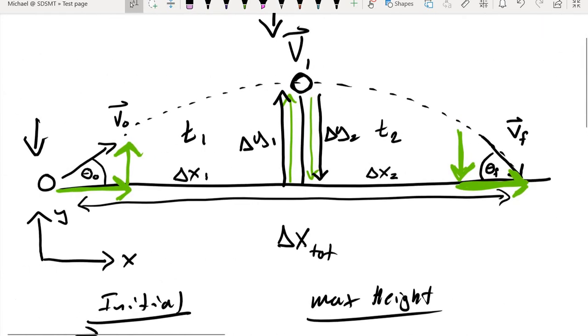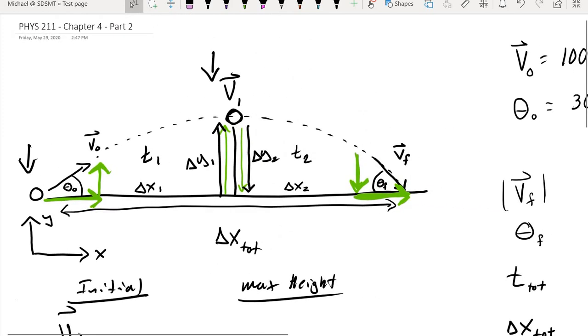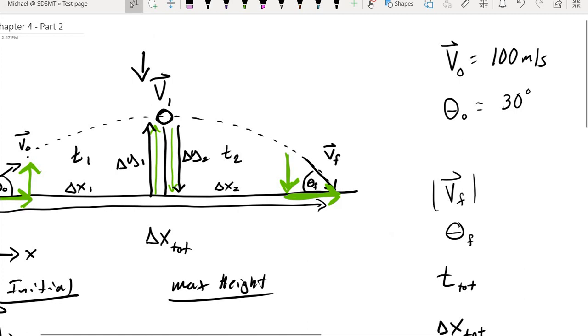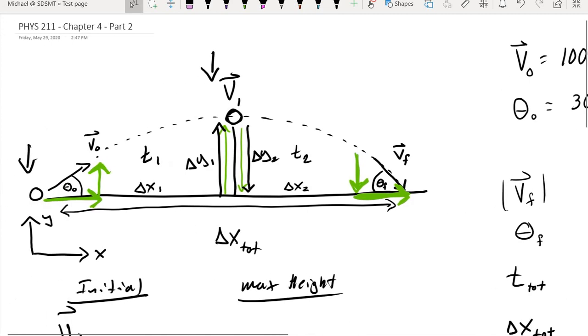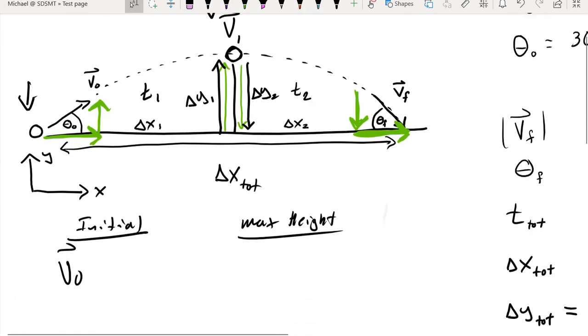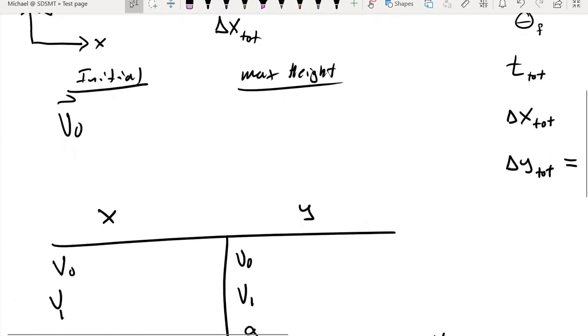V naught is 100 meters per second, angled at 30 degrees to the right. Those were the values that we were given, and we're going to use them to find the components for the x and y directions. We have a magnitude of 100.